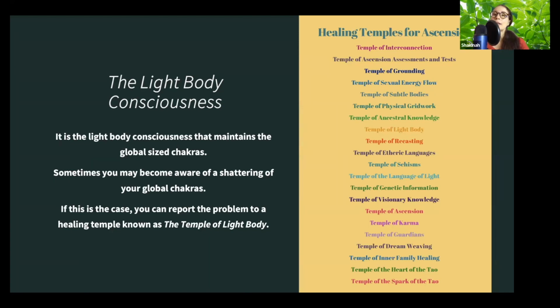This image to the right is the healing temples for ascension that are available to any ascending initiates. These temples are located in the aurora of Earth, and with intention during meditation or just before going to sleep, you can intend to go to these temples, any one of your choice, and receive a healing.